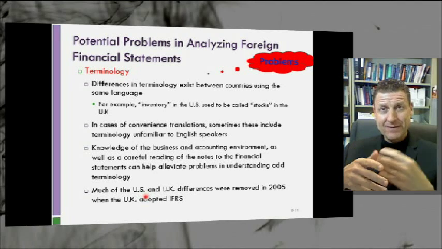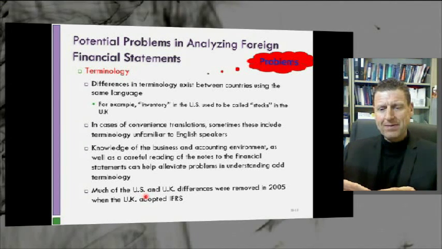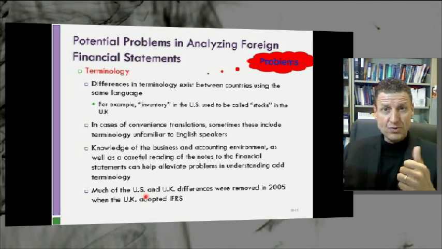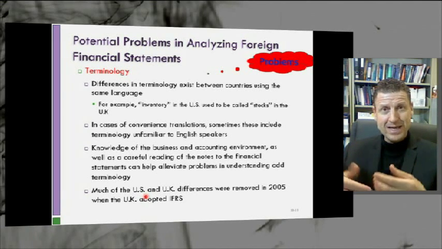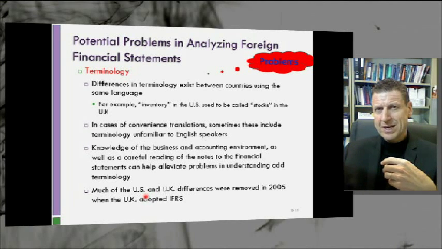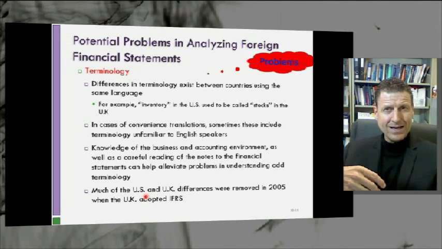Yes. What about terminology? Okay, so lots of differences in terminologies exist, and these are just differences in style, not necessarily differences in income or standards or valuation or liabilities. There's not a difference quantitatively, but it's a difference in style, what we call something. So stock in one country is called inventory in another country.